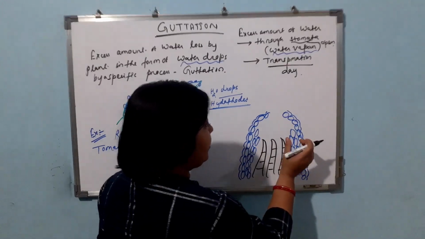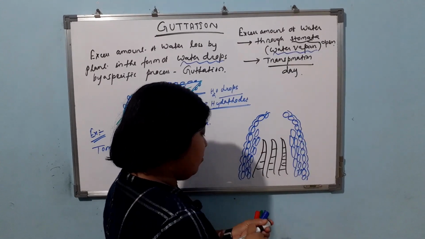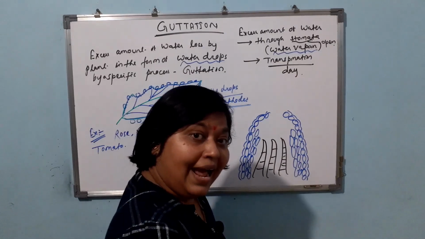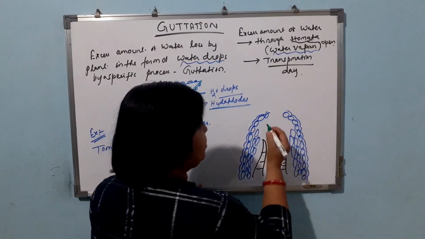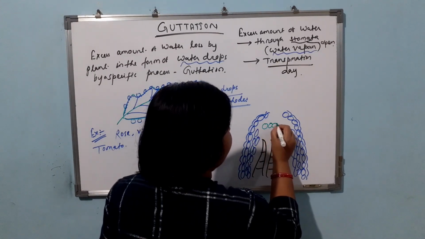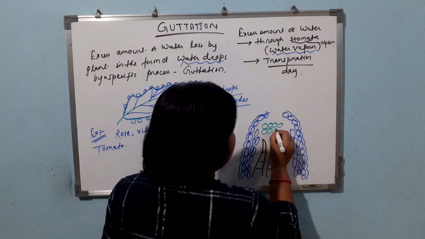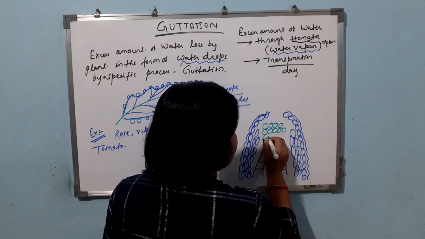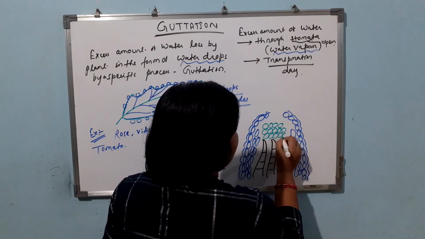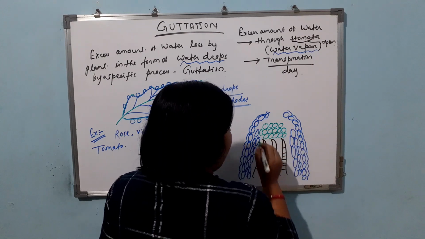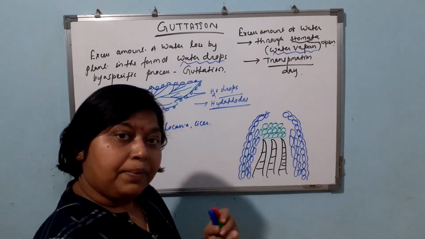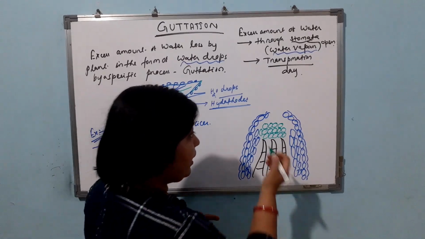At the end of the tracheids, a large number of cells are arranged loosely, having intercellular spaces. This group of cells is filled with water.